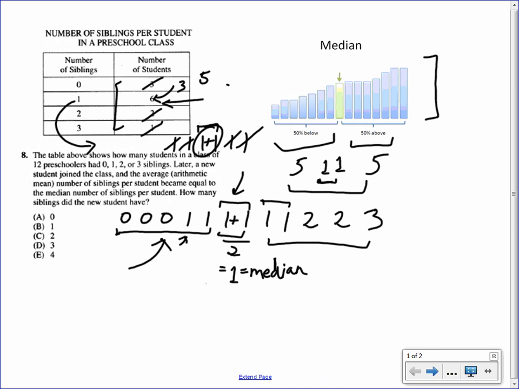And then a student joins the class. So now the total number of students is 13. Remember, the average equals the sum of the terms divided by the number of terms. And we're told that when this 13th student joins the class, the average number of siblings per student becomes equal to the median number of siblings per student.